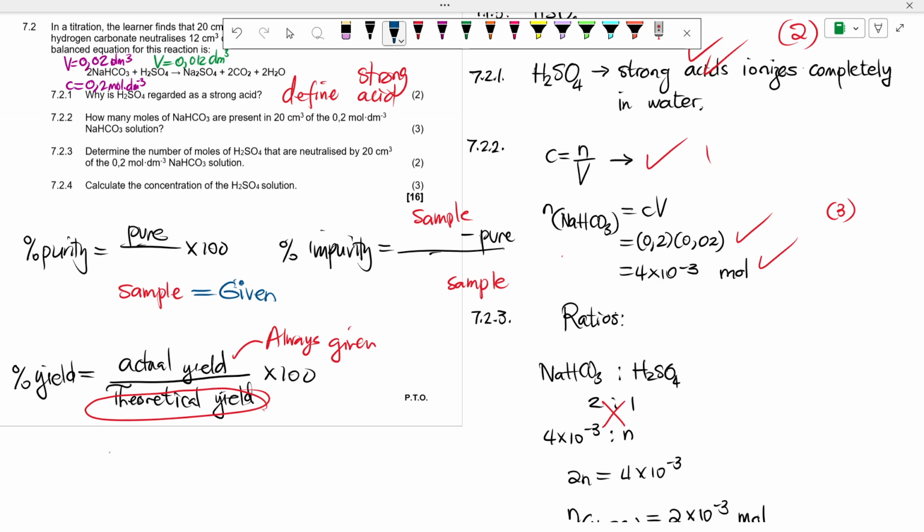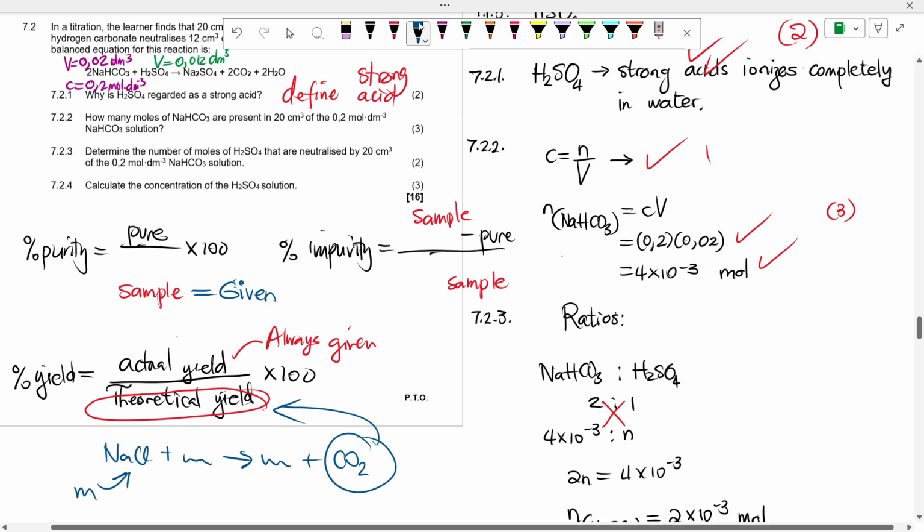So say NaCl plus whatever is equal to whatever plus CO2, I don't know. Then they give you the mass of this. You want to find the output mass, put it there versus the given mass, divide and multiply by 100, you get your yield. Okay, I know it's pretty simple and you'll get it.